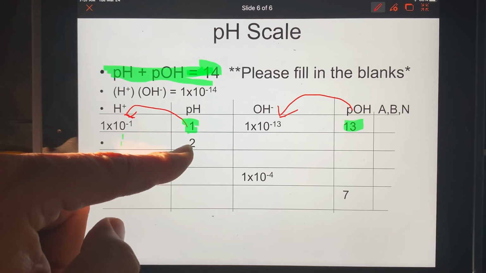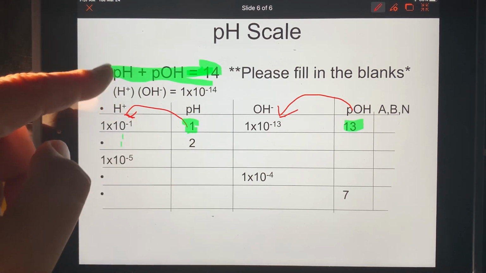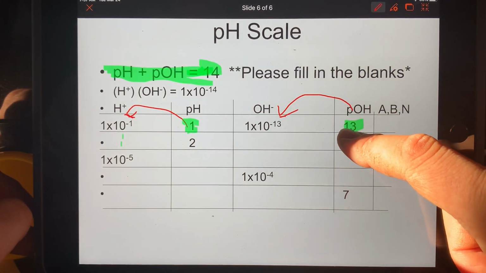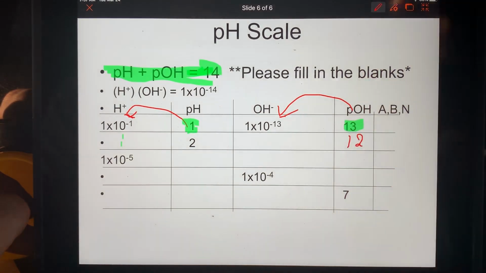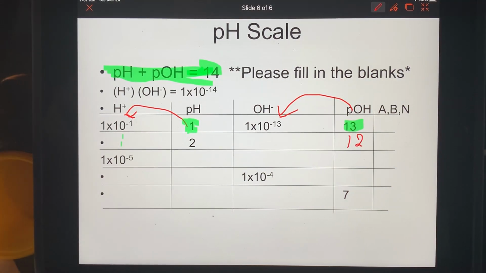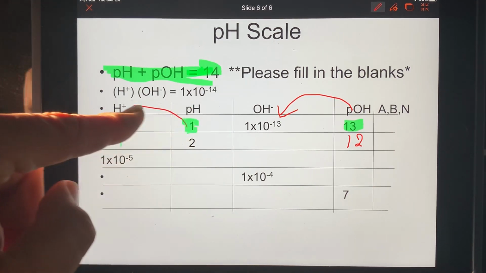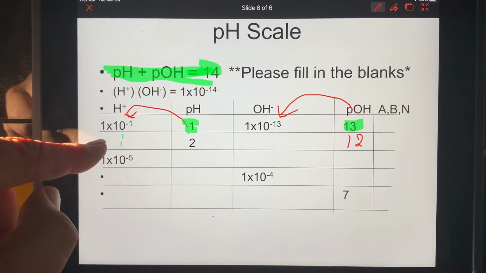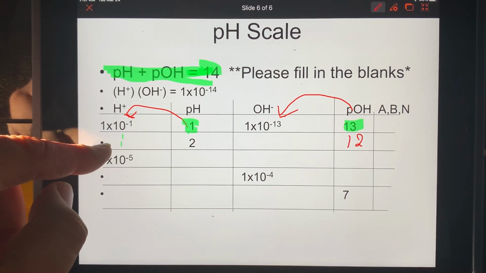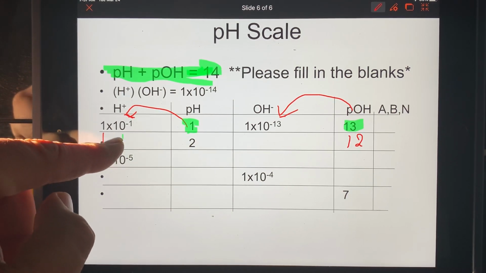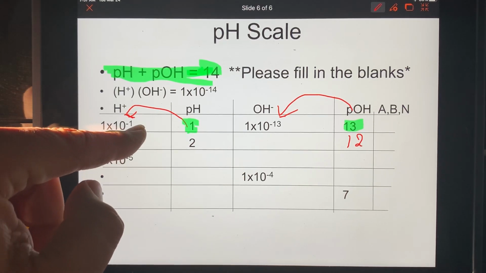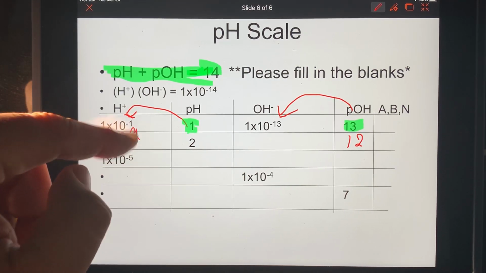So if my pH is 2, 2 plus what gives me 14? That's right, 2 plus 12 will give me 14. If my pH is 2, what's my H plus concentration going to be? That's right. 1 times 10 to the negative 2.